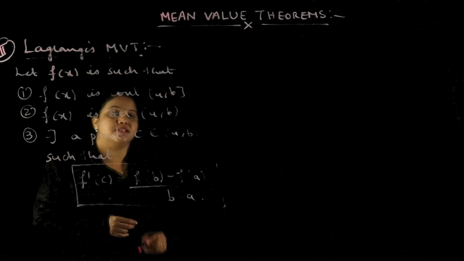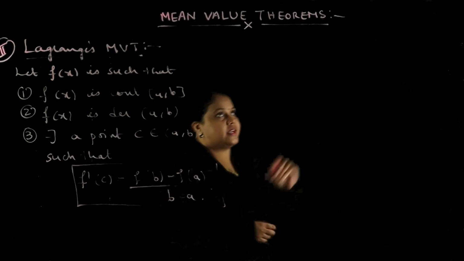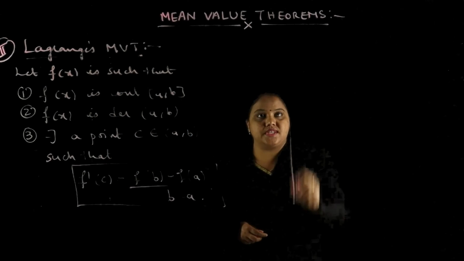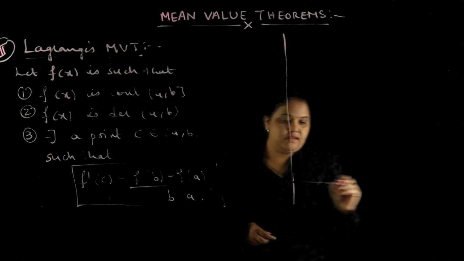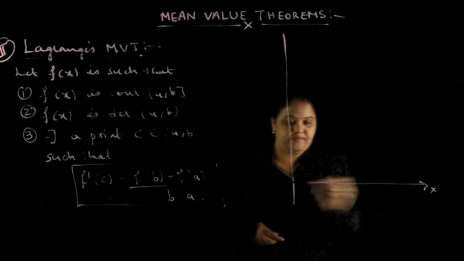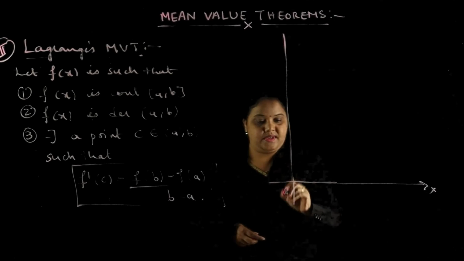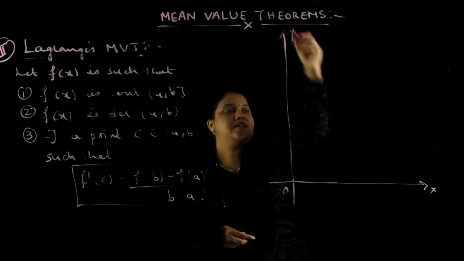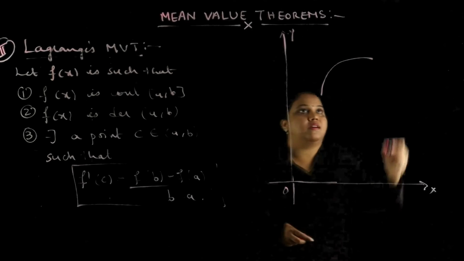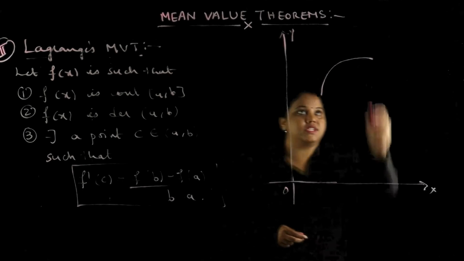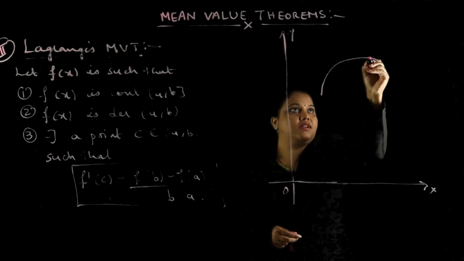Now understand these statements with a diagram. So this is your x-axis. This is your y-axis. Let us take a curve which is like this, right?